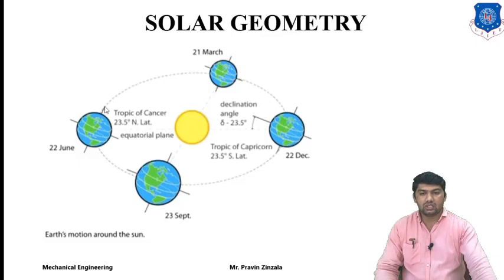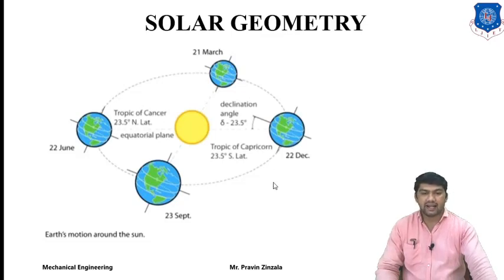Earth continuously rotates around the Sun and also around its axis, and Earth is also inclined with respect to its north-south pole. This is called declination, and the general value of declination is 23.5 degrees, meaning the inclination of Earth's north-south axis with respect to the solar radiation and with respect to the equator.